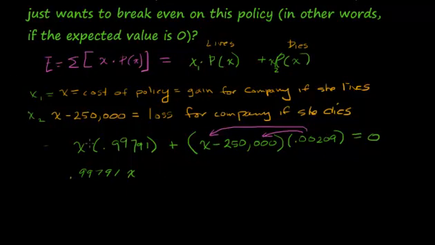So when I do the first one, I get 0.00209x minus, this will be a negative, positive times a negative, 522.5. And all that equal to 0. So now it's really simple. I want to combine like terms.